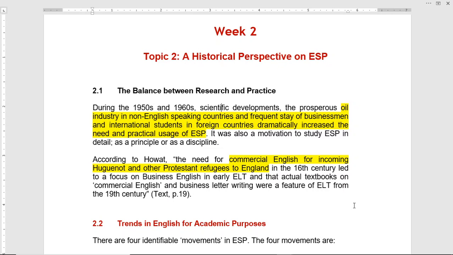It's all about European history and industrial development, and people's migration from one place to another for different purposes, maybe for learning or for work. So they needed to master the English language in their particular specific areas. So that is the history.